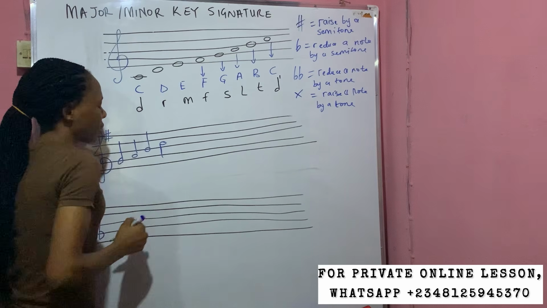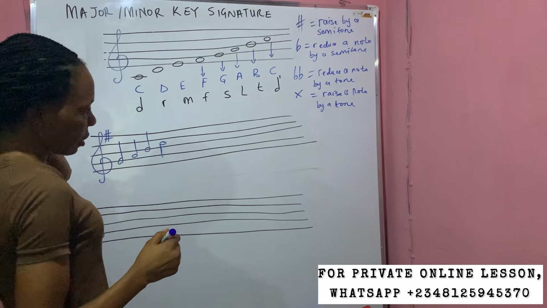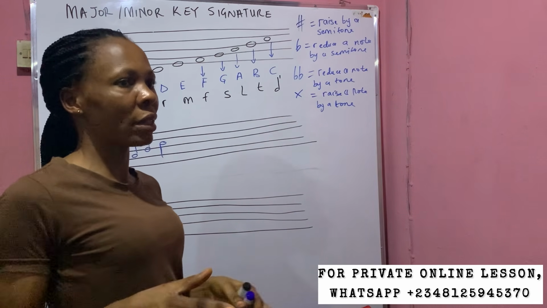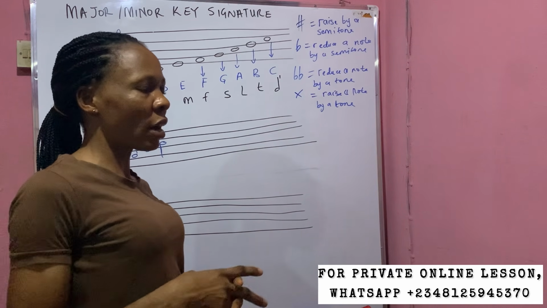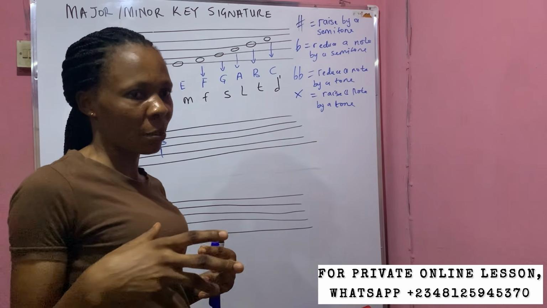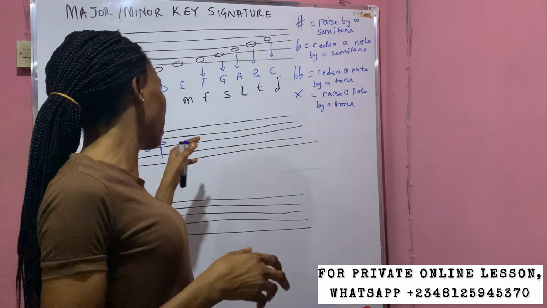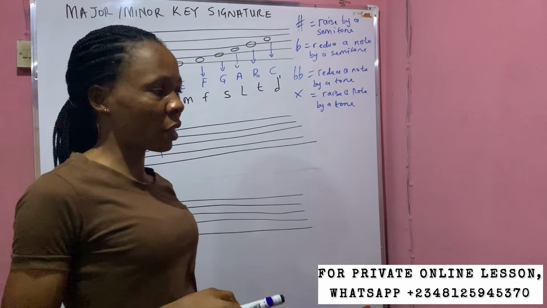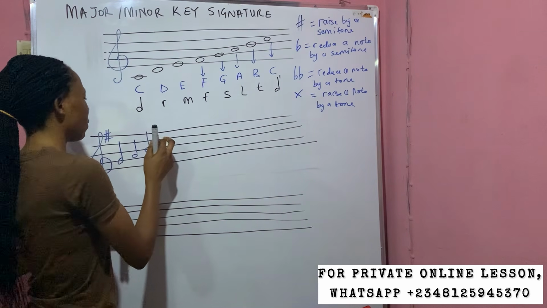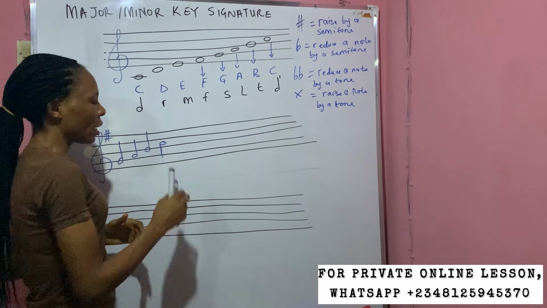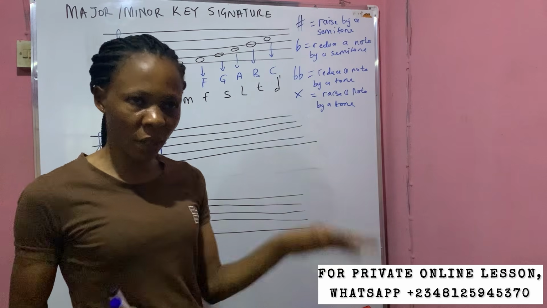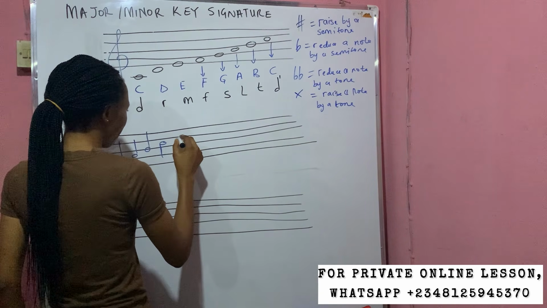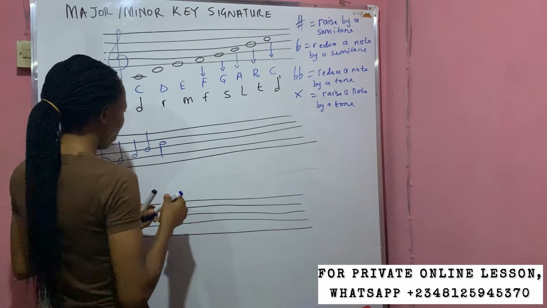Now in music rules, especially when you're writing a melody line, or when your music is melodic in nature, that is, it does not have a second part for the treble or upper voice, you have to follow the rule that after the third line your stem should face down.